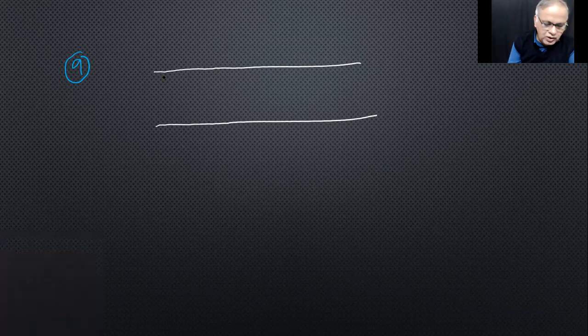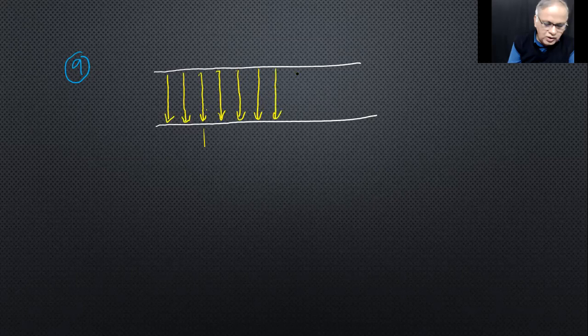There is a uniform field formed, which means E is the same everywhere. Such an E will be shown by parallel field lines, which I'll discuss soon when I talk about field lines. For the present, you can think that the E vector is the same all over.